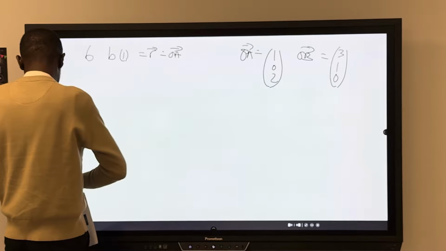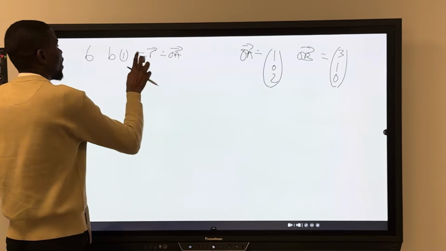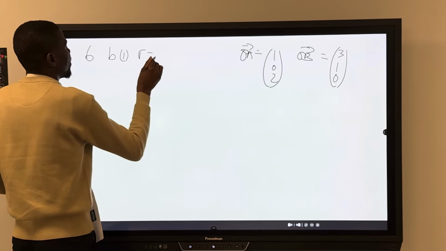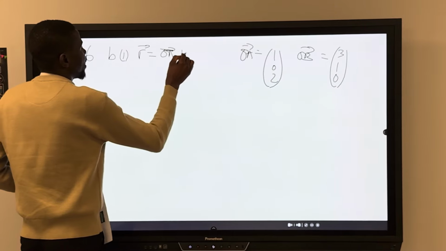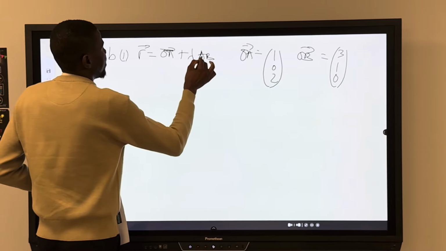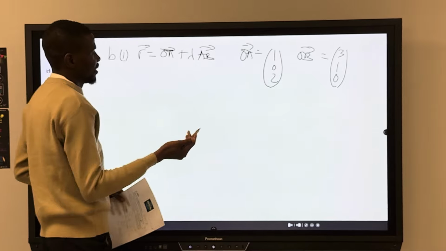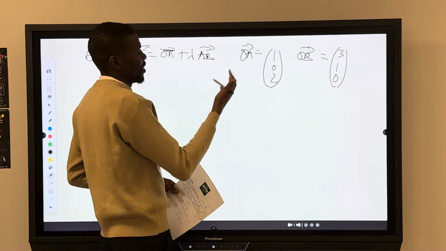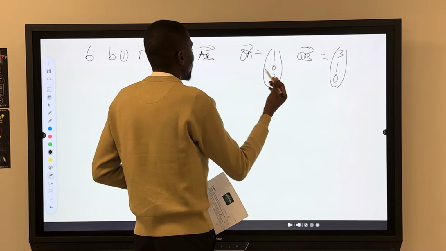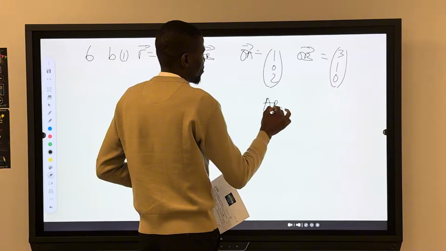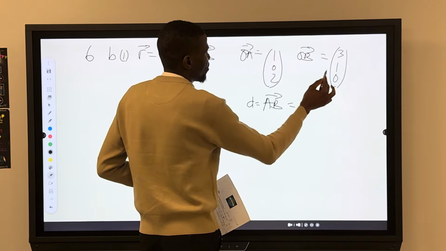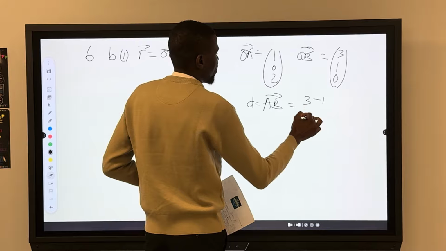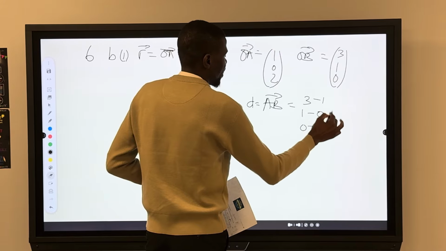right, so r equal to any point on the line plus lambda, the direction vector. It depends on what you have made A and B. So I'm going to calculate the direction vector here. So B is OB minus A: 3 minus 1, 1 minus 0, 0 minus 2.